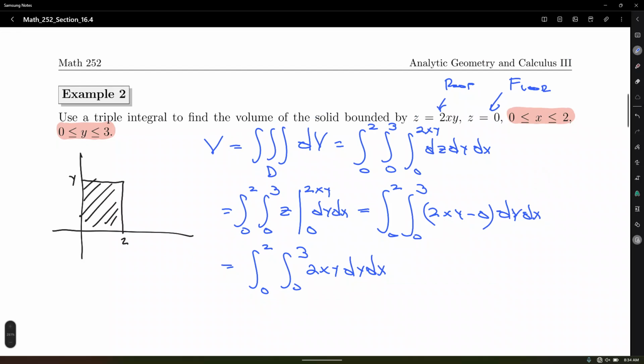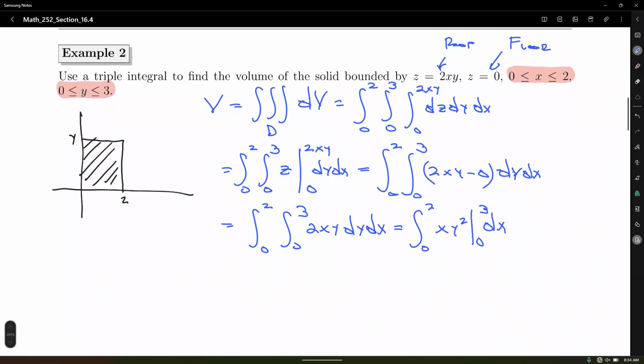The integral of 2y is y squared, so that's x y squared from 0 to 3, dx, upper limit minus lower limit for the variable y, in this case, because we have two at the same time. That's the integral from 0 to 2 of x times 3 squared minus 0 squared dx. So that's going to be a 9. I'm going to put the 9 outside.